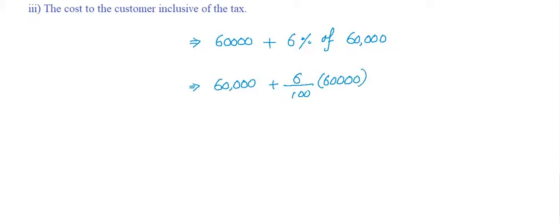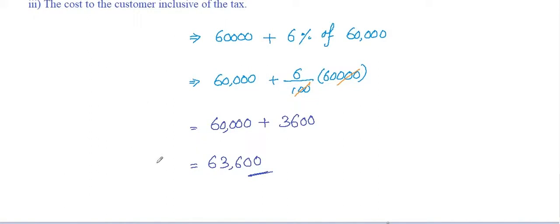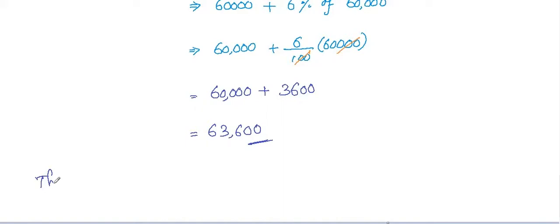So 60,000 plus 6 by 100 into 60,000. If you simplify this, we'll get 60,000 plus 3,600, which is 63,600. So the cost paid by the customer including tax is 63,600 rupees.